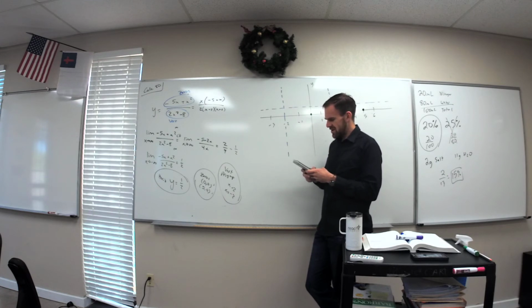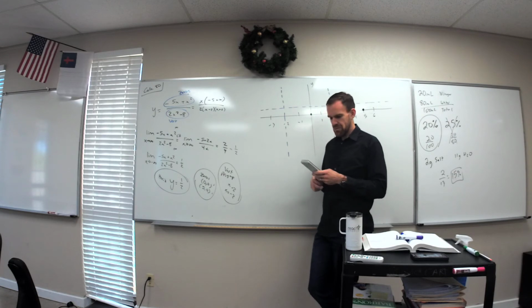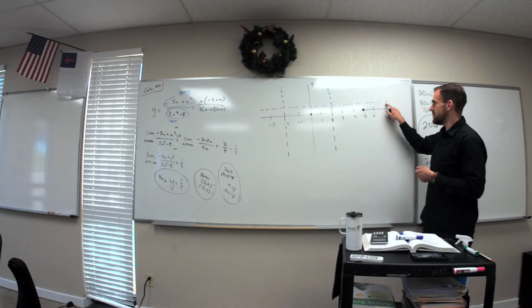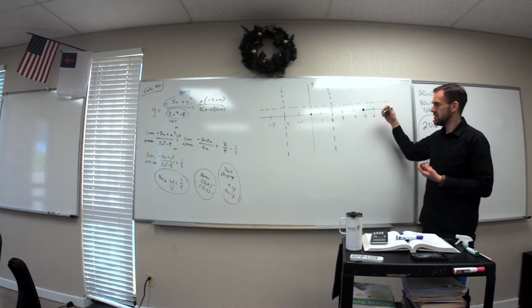We have 2 times 100 minus 8, so 50 over 192. That's like 0.26, like a quarter. So I know it's got to be below here. So you can always put in points.